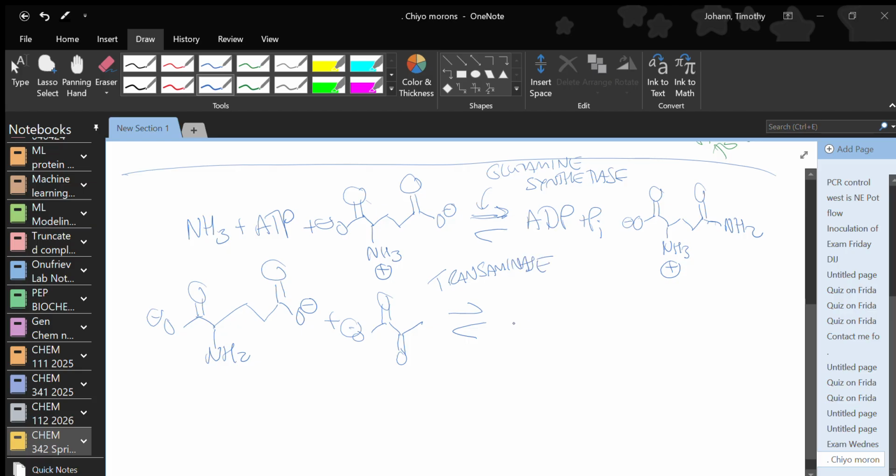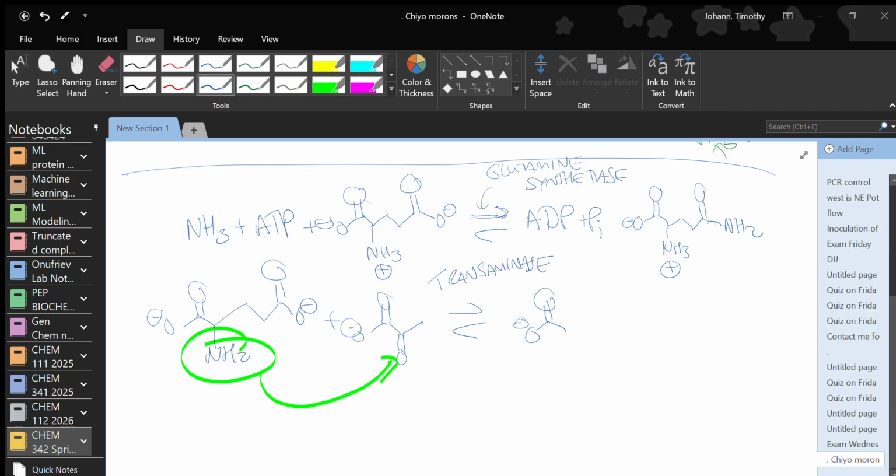Okay, and then I'm going to transfer this amine from there, well, draw it more carefully, from there to there. That's what a transaminase does. It's very specific for that. So now my glutamate becomes alpha-ketoglutarate, which is one of my citric acid cycle intermediates. It doesn't matter for the problem because it's telling you what I can start with.